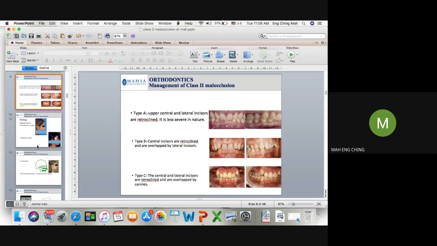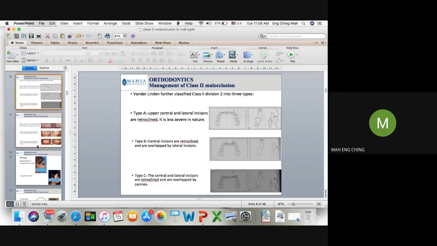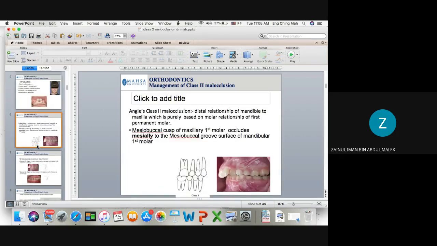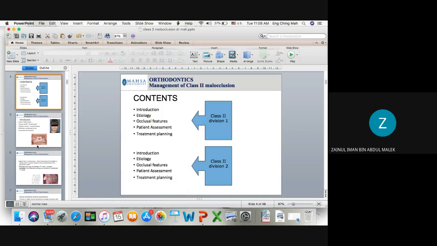For a perfect class 1 incisor, where does the lower incisor meet with the upper incisor? At the back of the cingulum. Yeah, it's the cingulum, the middle third. That's why we call it a stable occlusal stop. So without this stop, everything will bypass, causing the overeruption of the upper and lower incisor.